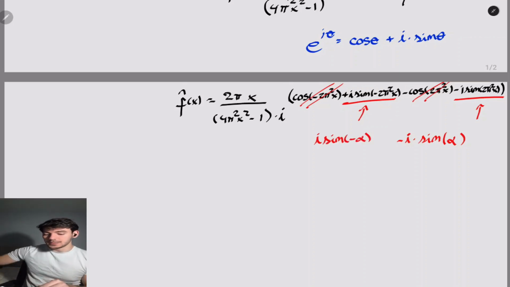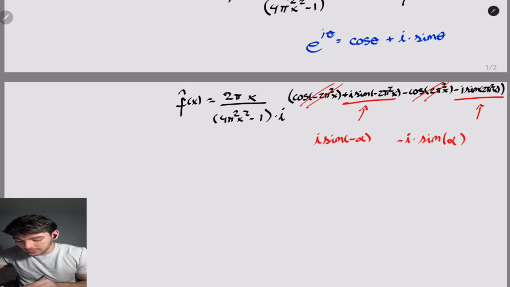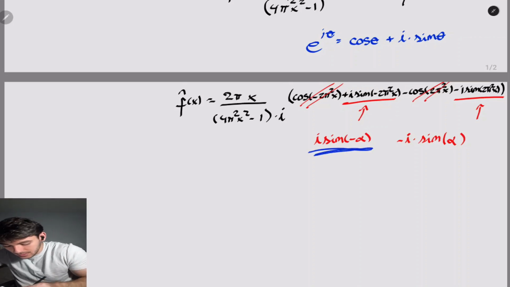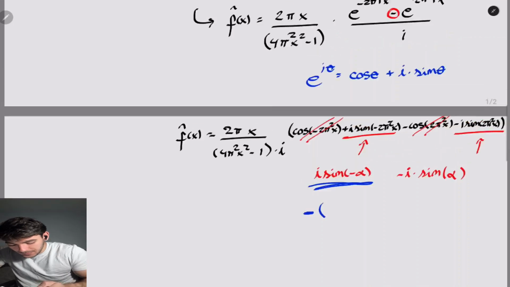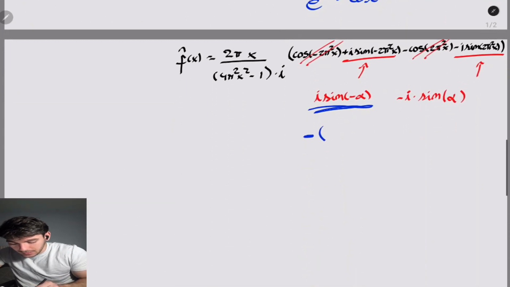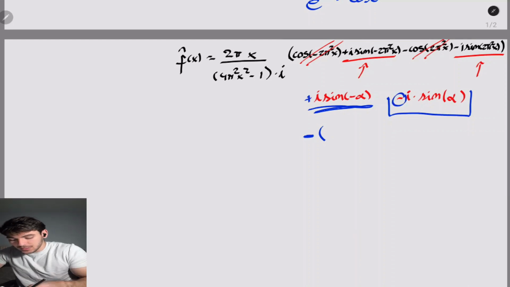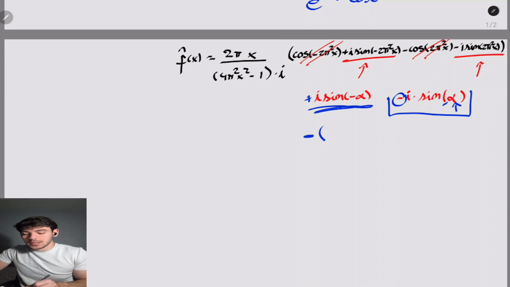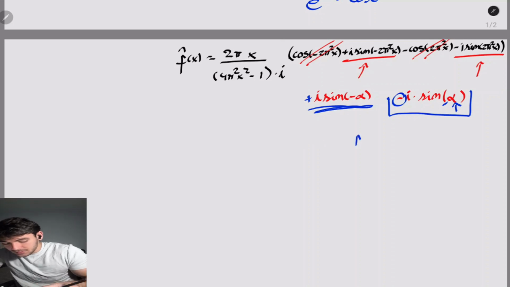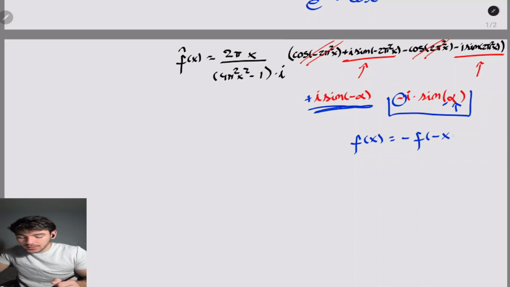So if you analyze it, you can see that this one is minus what we have here, because this negative becomes a positive. And we're substituting the inverted value of what's inside here. So minus alpha instead of alpha. That's basically the definition of the odd function. So f of x is equal to minus f of minus x.